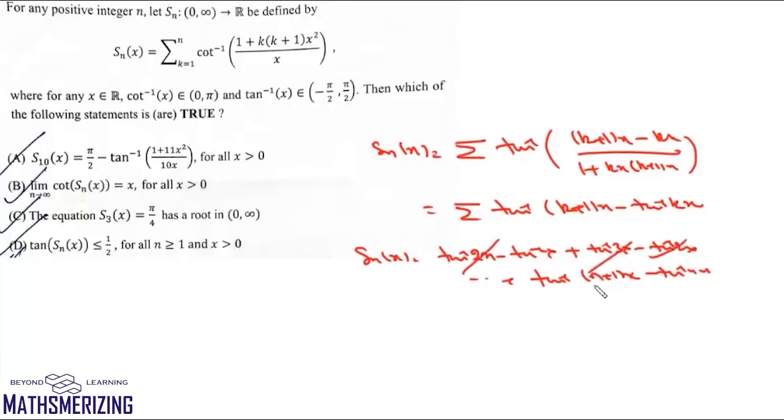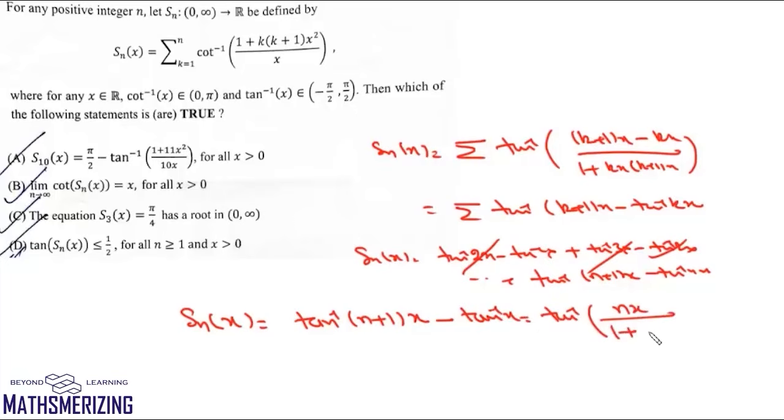Now all these will cancel, so we'll get this S_n(x) as tan inverse (n plus 1)x minus tan inverse of x, which is tan inverse (a minus b), so it will be nx upon 1 plus a into b.